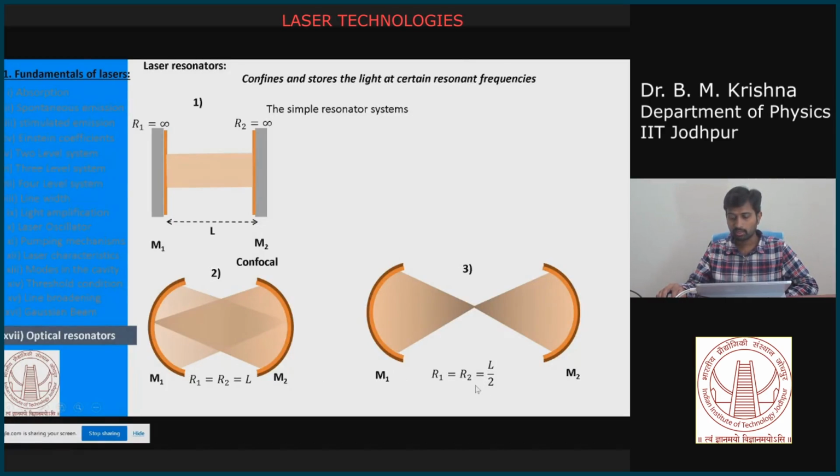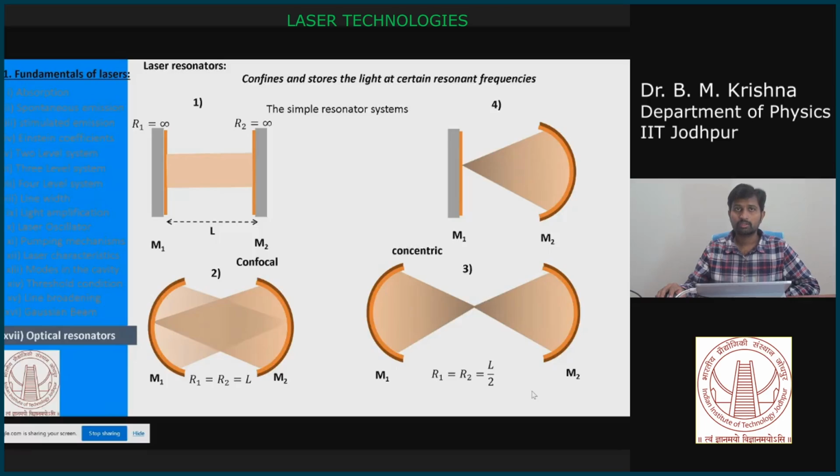The radius of curvature of mirror 1 and mirror 2 is designed to be L by 2. That means they are going to focus at the center of your cavity, so all the light will be concentrated at the center. This configuration we call a concentric configuration.